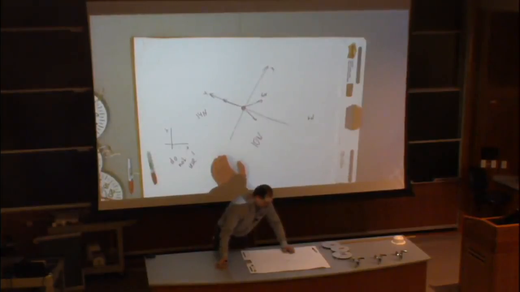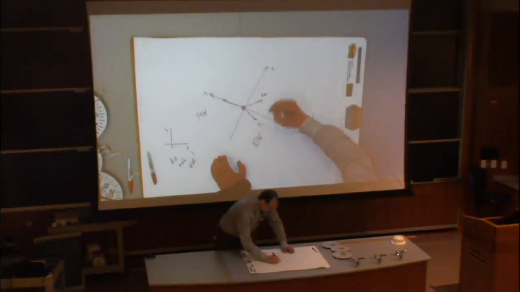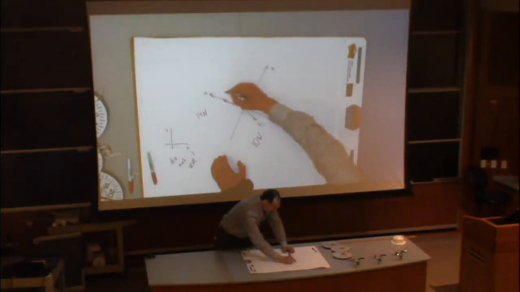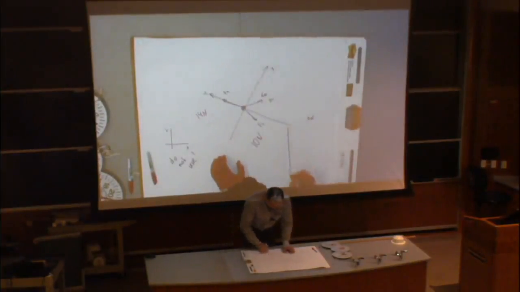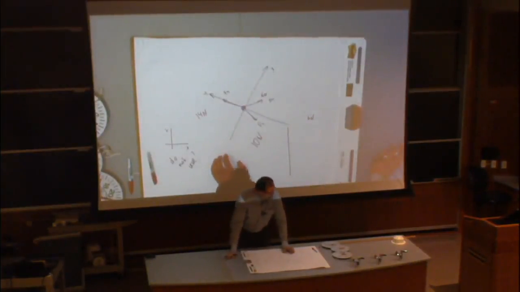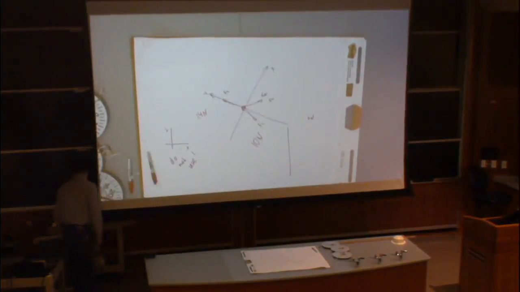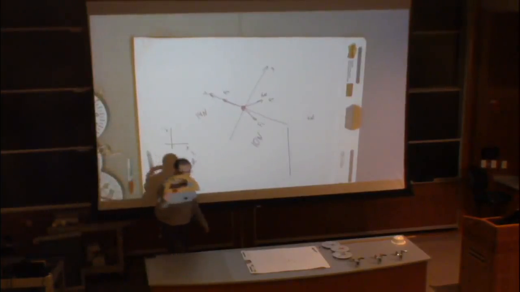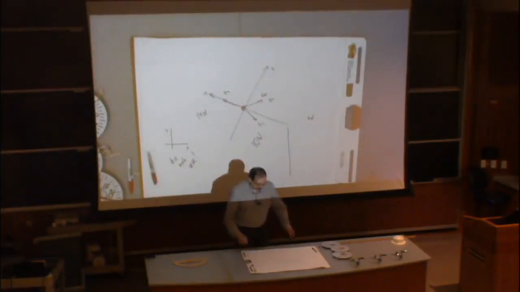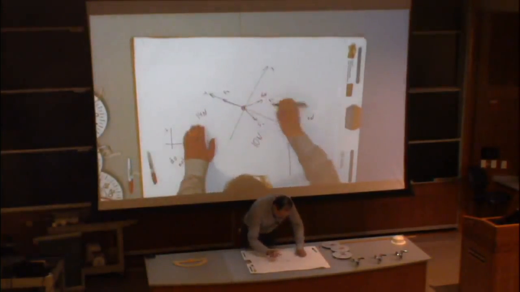So what do we see now is, well, 1, 2, 3. Of course we need to measure angles. If we measure angles, let's say this is theta 1, theta 2.